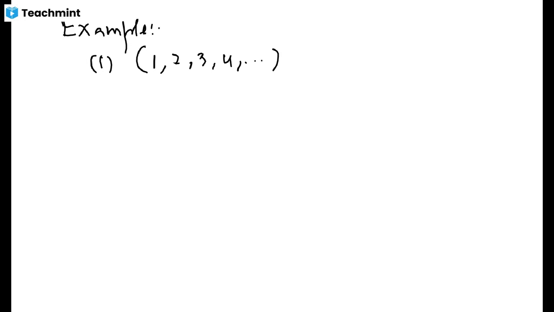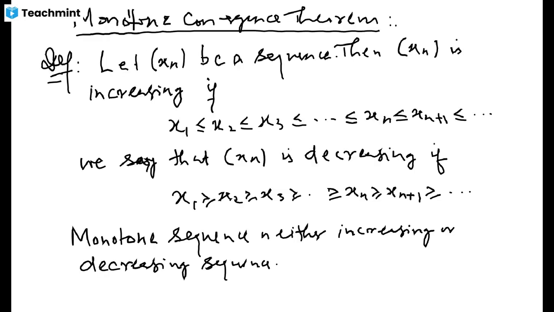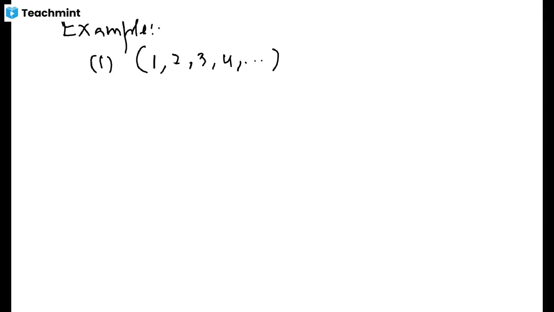For an increasing sequence, I am going to use the notation of an arrow pointing upward, and for a decreasing sequence I will use an arrow pointing downward. Let me give one more example of an increasing sequence.